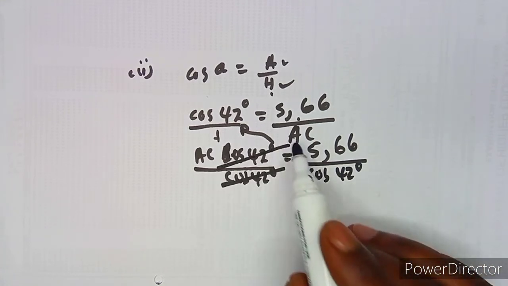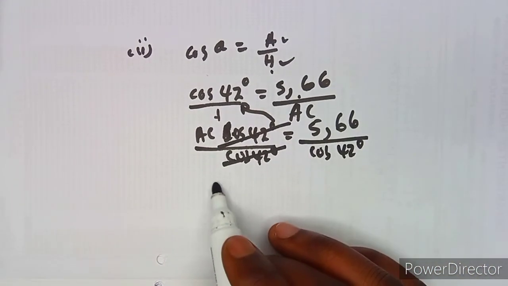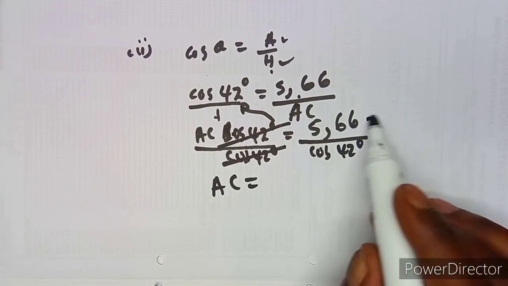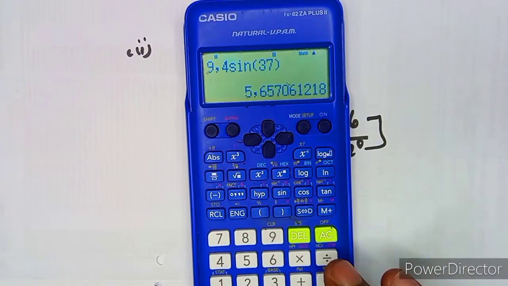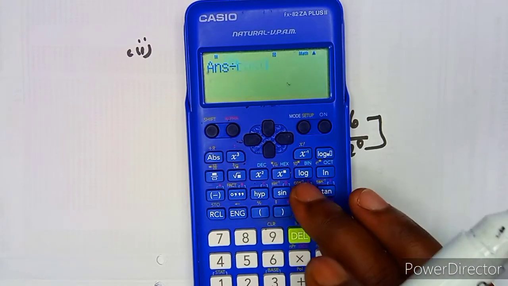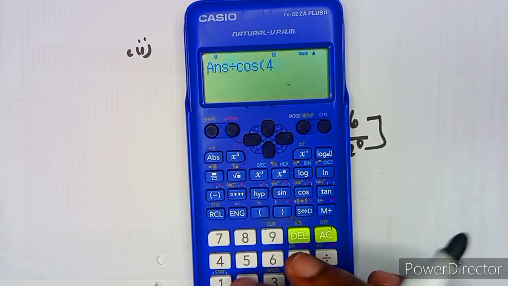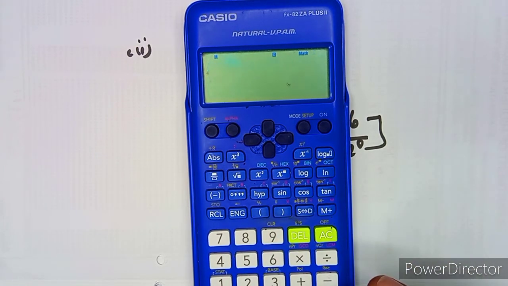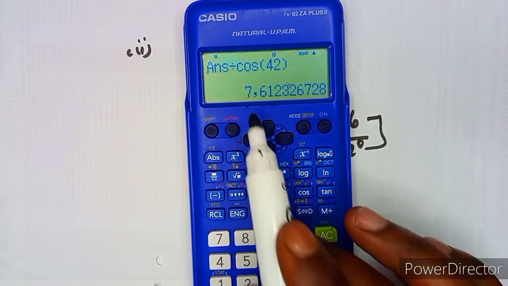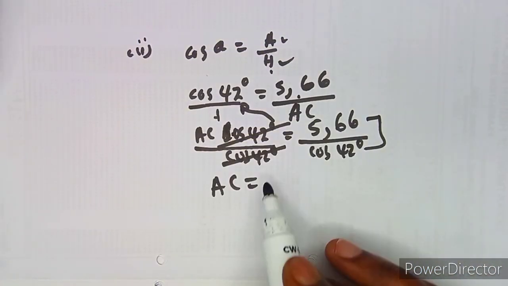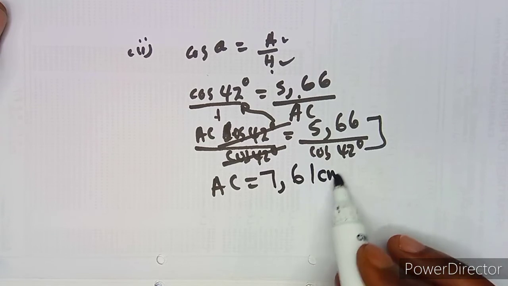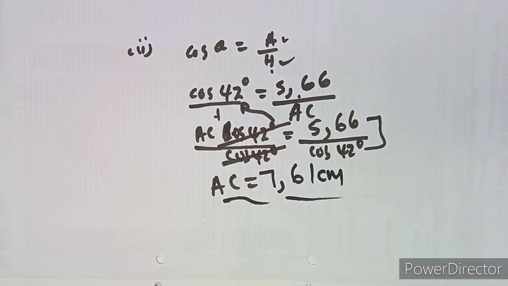These two can cancel each other. So that means AC is equal to 5.66 divided by cos 42. Make sure your calculator is in degrees here. You're going to obtain this decimal, which is 7.61 centimeters.